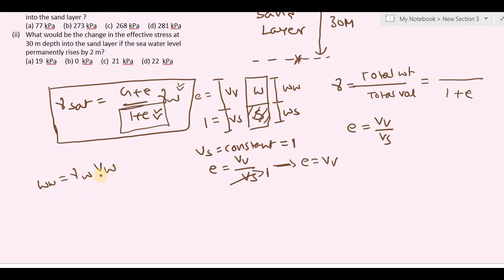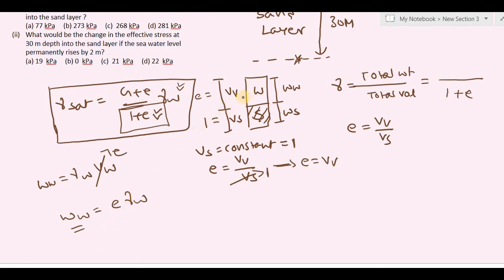As volume of water equals volume of voids, because however many voids are present, that much water can be occupied, it is E. So the weight of water is WW equals E gamma W if it is pure water.